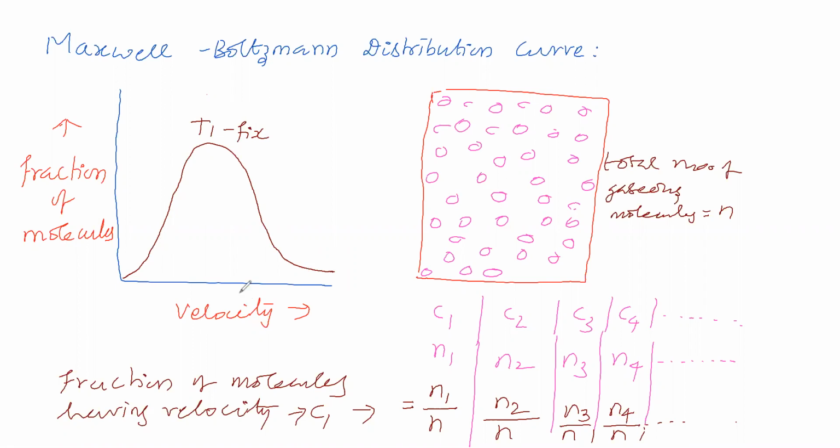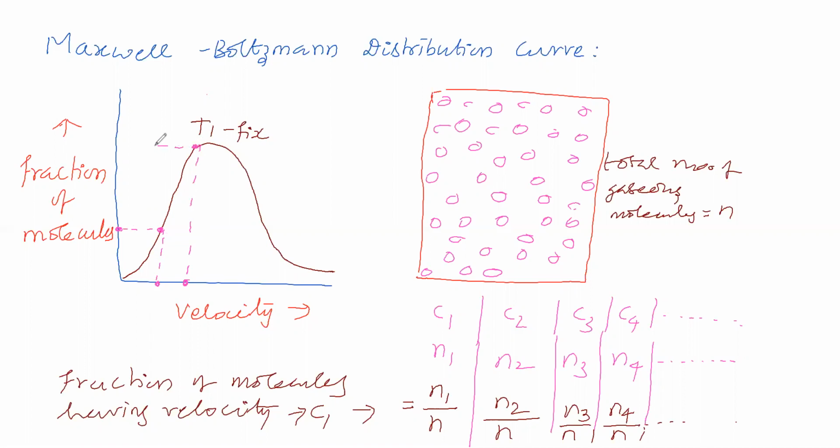Now we will see here. This is the velocity, and this velocity is possessed by so and so fraction of molecules. So this much fraction of molecules has this velocity. Now we will take this velocity, and see what fraction of molecules possesses it.